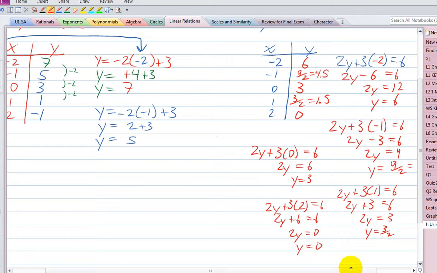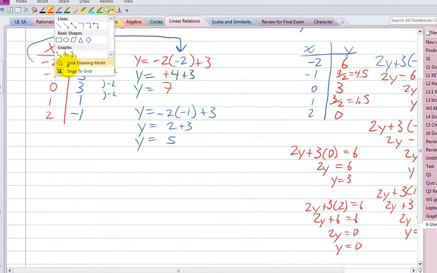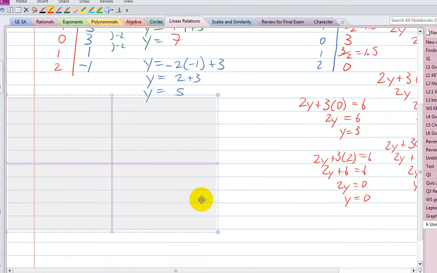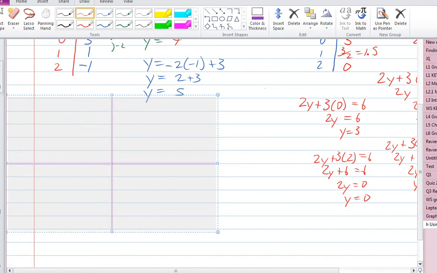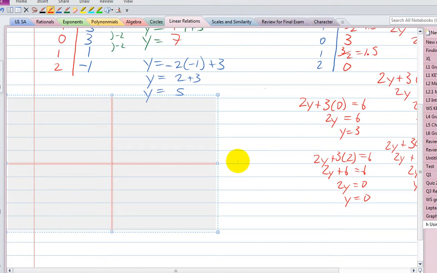So now what you want to do is graph this. We're going to graph the points, and the points are going to show us something. This is what I want you to do. Use a ruler, make a grid.